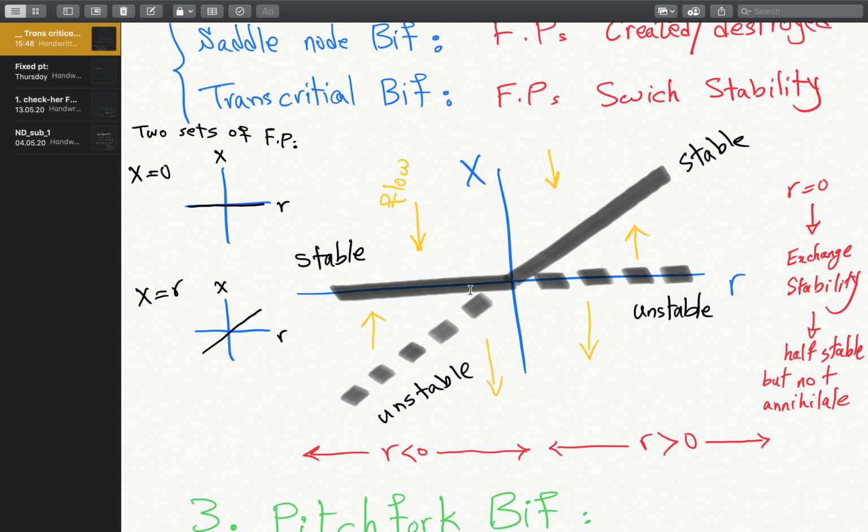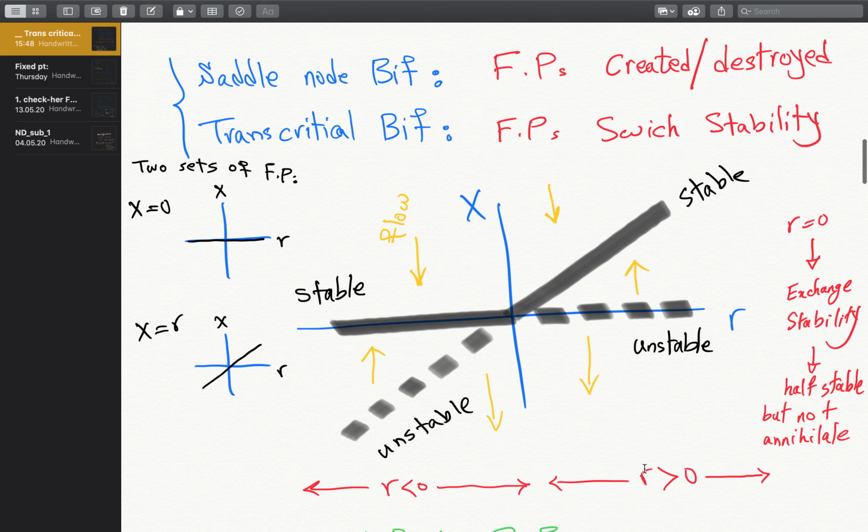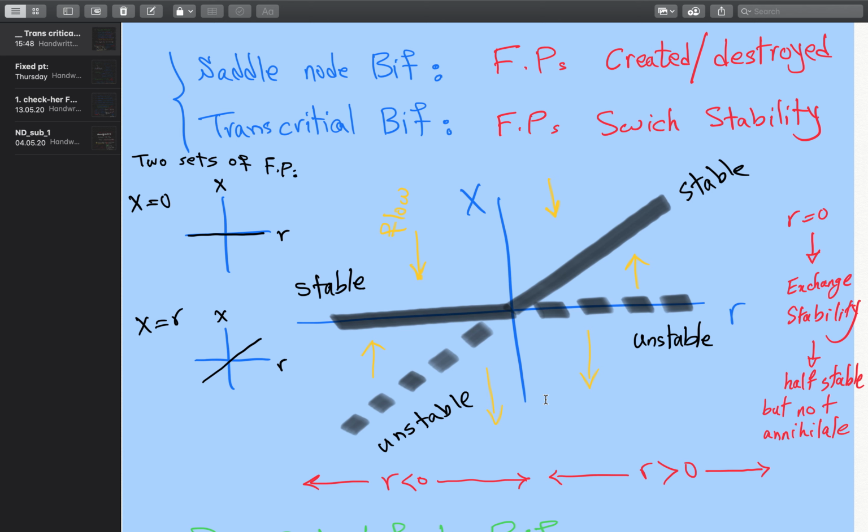What it means is that this family of fixed points is colliding with this other family of fixed points, and they exchange their stability. The stable one is going to be unstable, and the unstable one is going to be stable, for negative r and for positive r. So this is the idea.